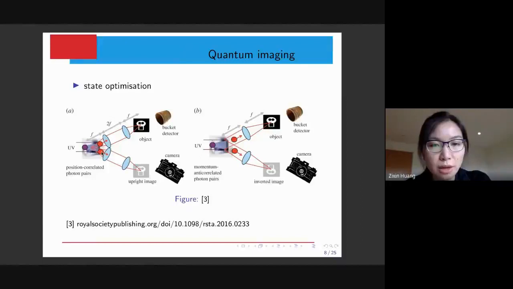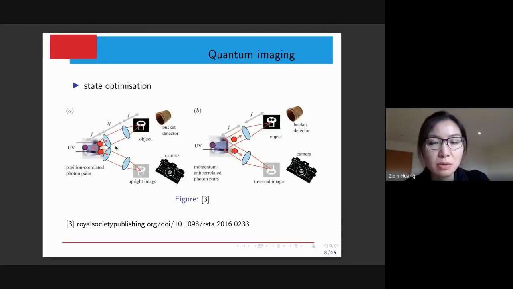And on the other side, where the object is supposedly not there, you can put a screen. Because these photons are entangled, you can image the object by using photons which have never passed through the actual object, hence the name ghost imaging. If you're interested in that particular scheme, it is given by this reference over there.